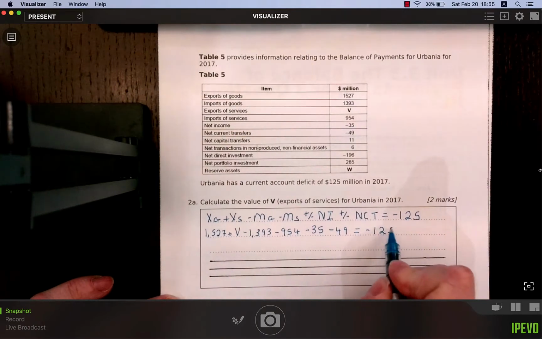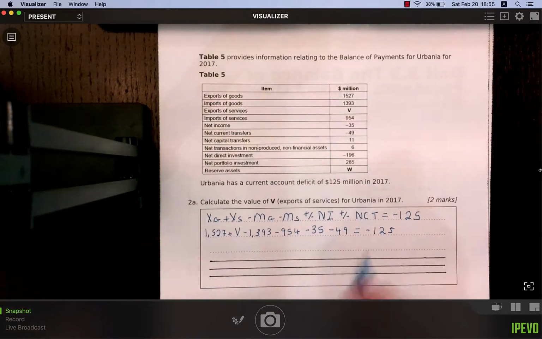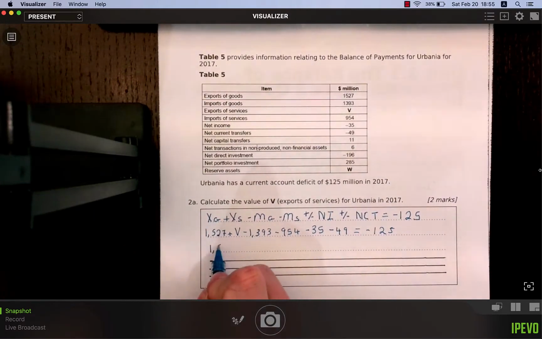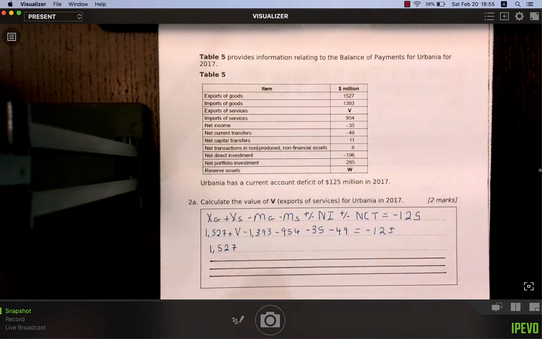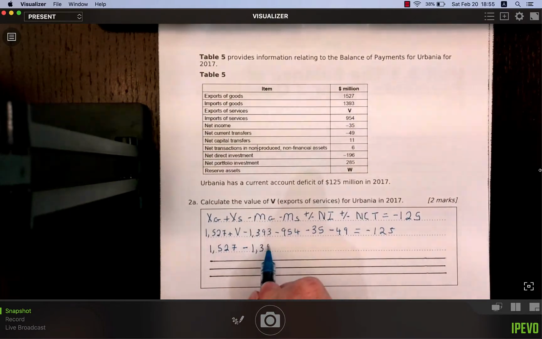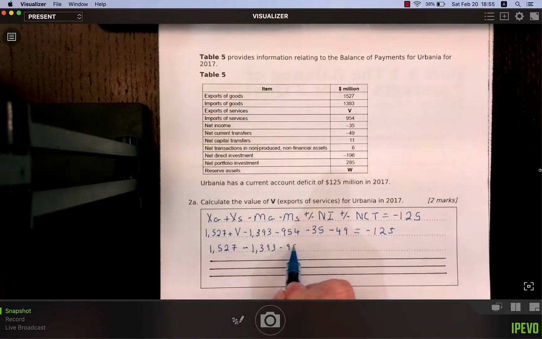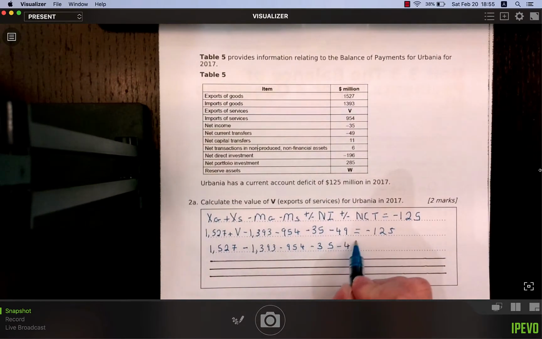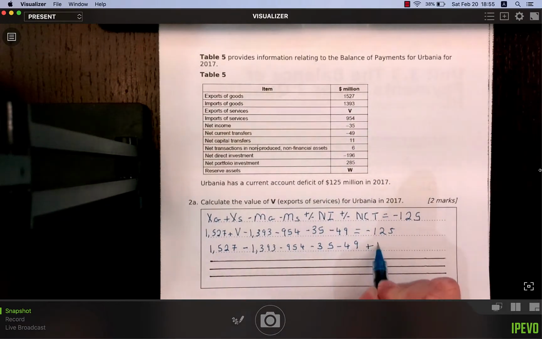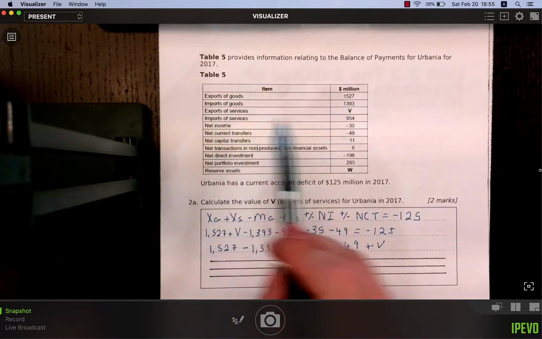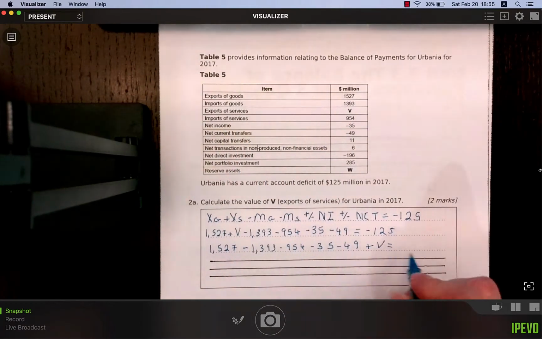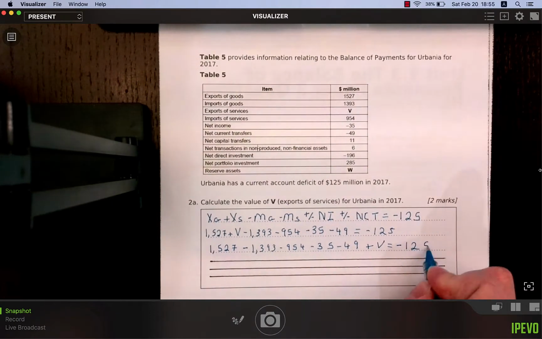Now what I suggest is we gather, not exactly like terms in maths, but we gather the pluses and the minuses together. So I'm just going to write the export of goods, minus the import of goods, minus the import of services, minus net income, and then minus net current transfers, plus V. We know it has to be a plus because the export of services is a plus on the current account of the balance of payments, and all of that equals minus 125.